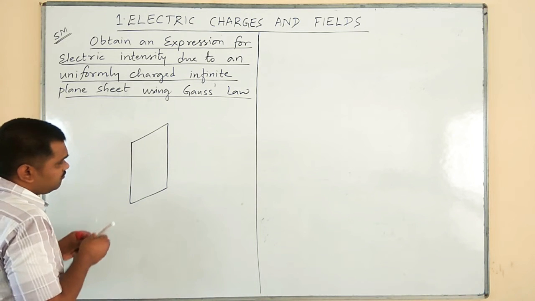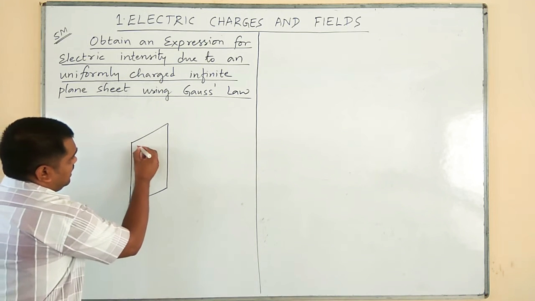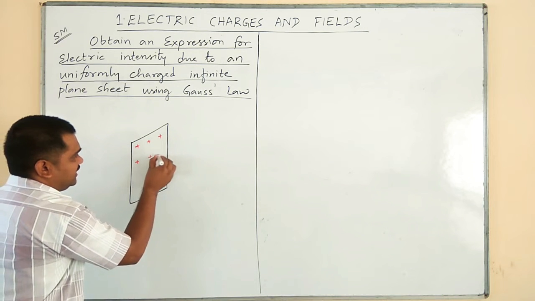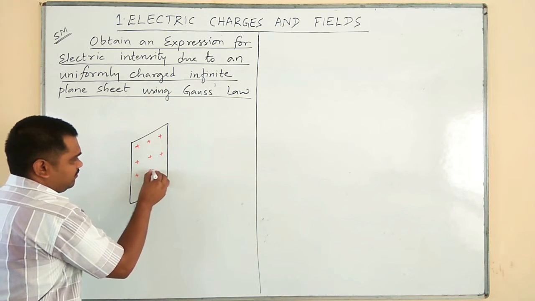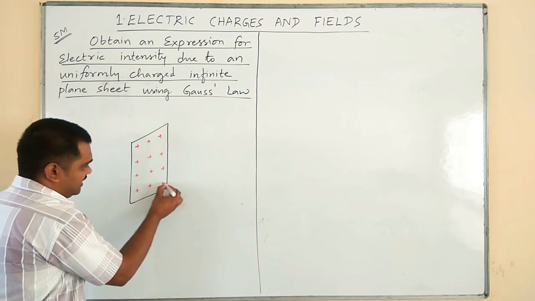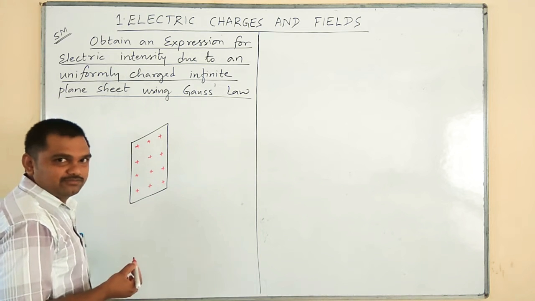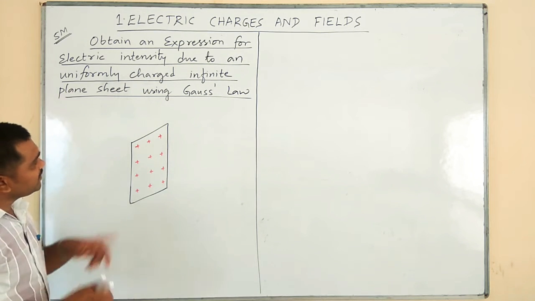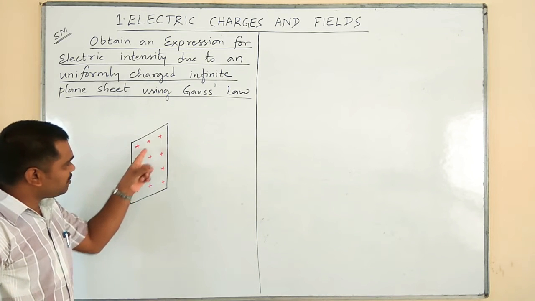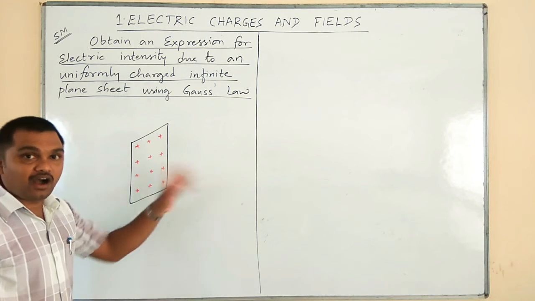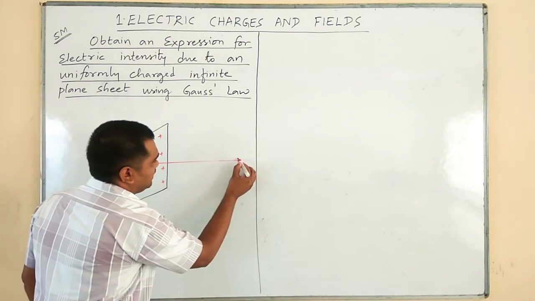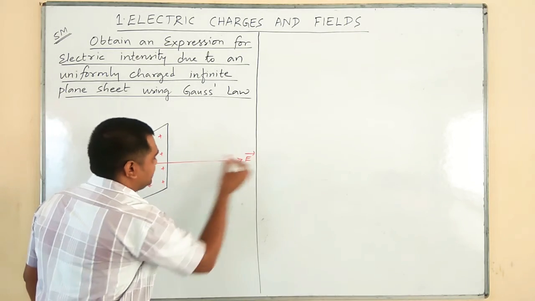For example, positive charges are uniformly distributed on its surface like this. You can also consider the negative charges. Here I will take positive charges. We know that the direction of electric field due to positive charge will be outwards. Therefore, the direction of electric field will be outwards like this.